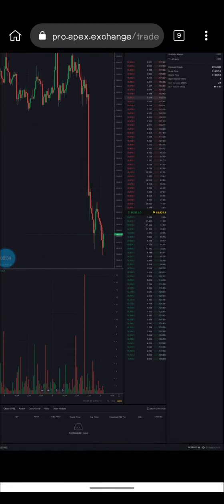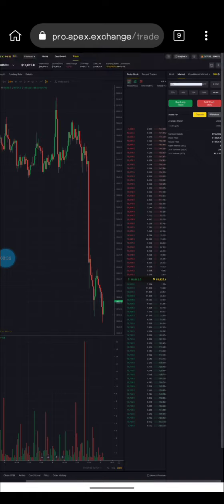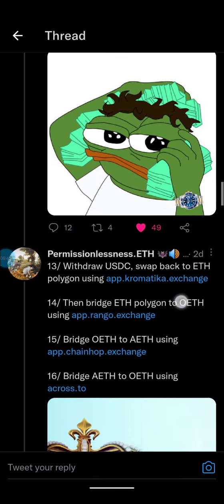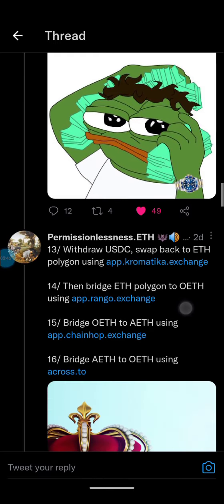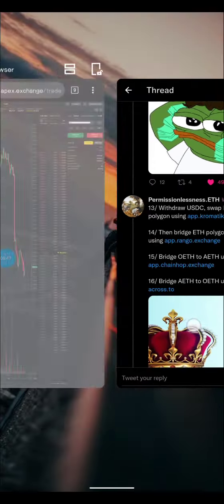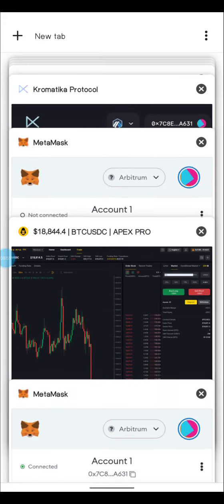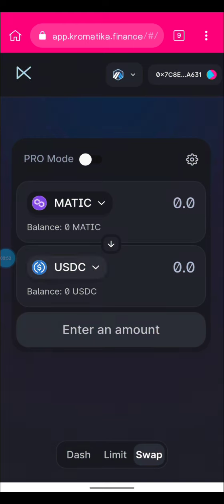Once you're done using Apex, you're going to withdraw back your remnant USDC, and hopefully you trade smartly and you end up with more USDC than you had in the beginning. And we're all gonna make it.